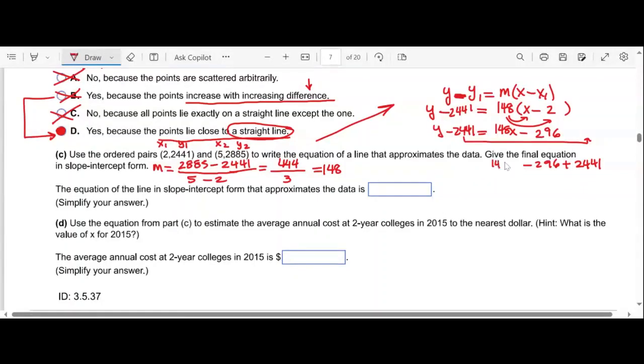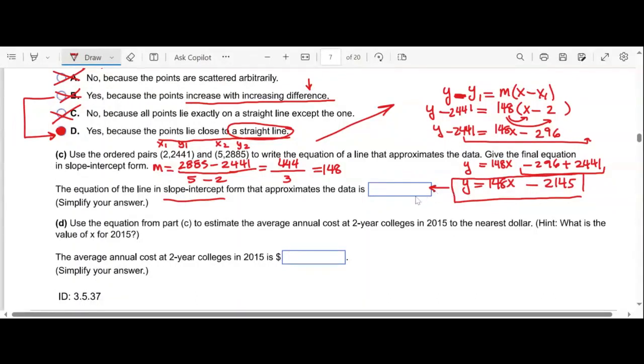And don't forget, you still have the 148x equal y. Now if you combine this together, they give you 2145. So this will be your answer in slope-intercept form. So this is your final answer.